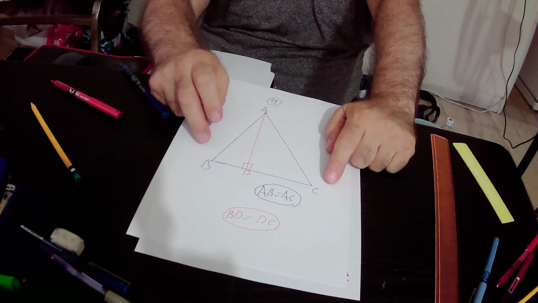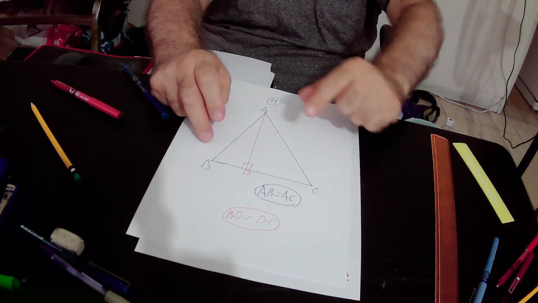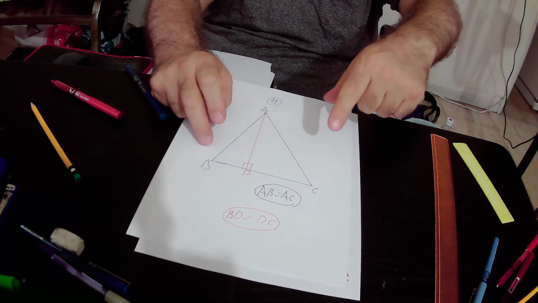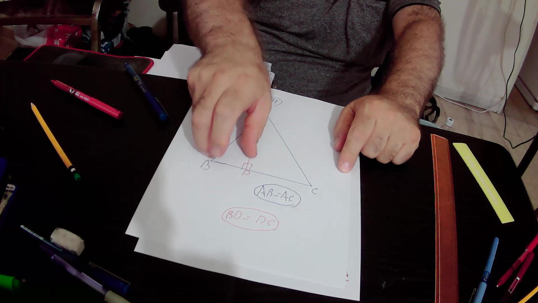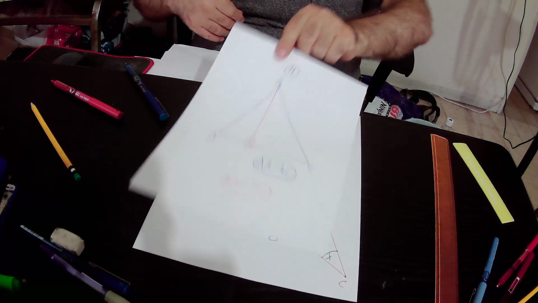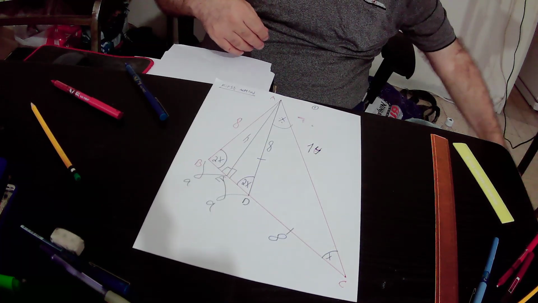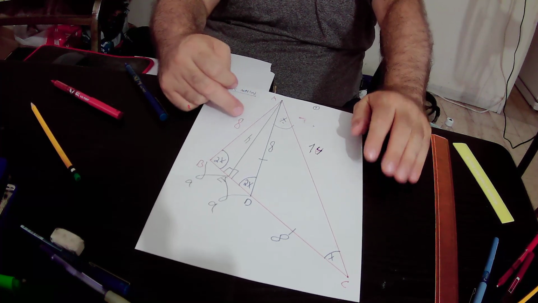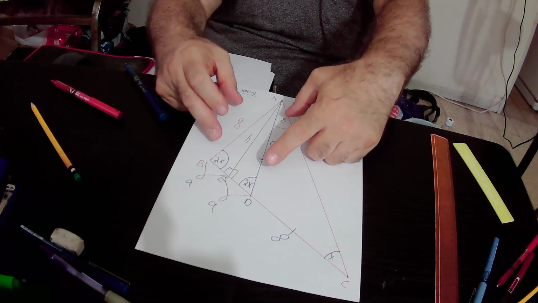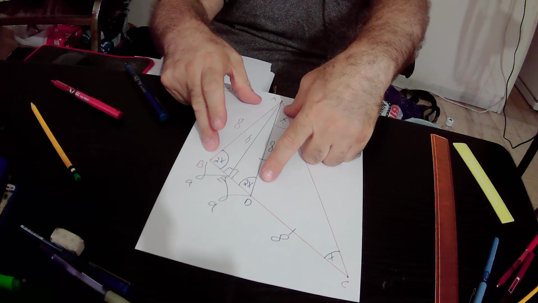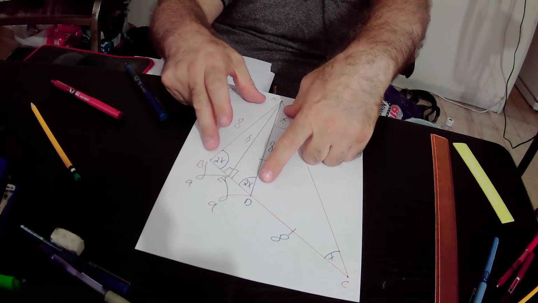Again, in a triangle, if you draw a perpendicular to the base, that perpendicular will divide the base into two equal parts, that is to say BD will be equal to DC. So again we can implement rule number 3 in our drawing because we have triangle ABD that is an isosceles triangle, because AB equals AD.